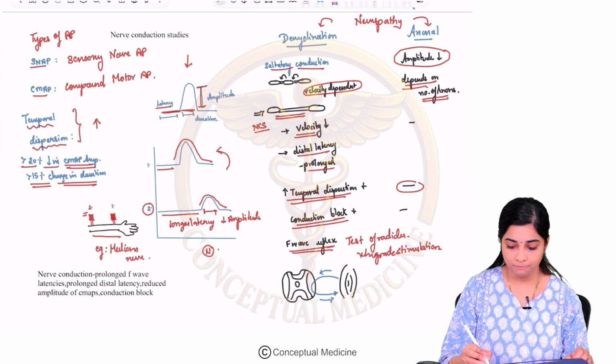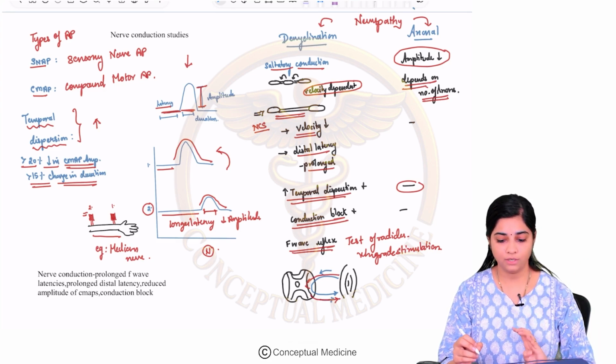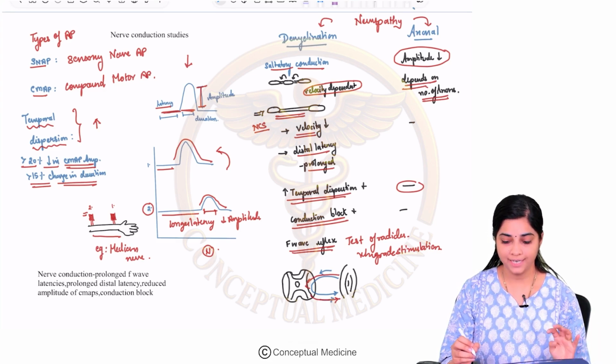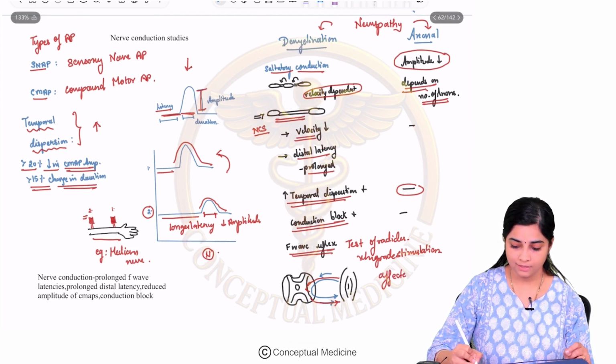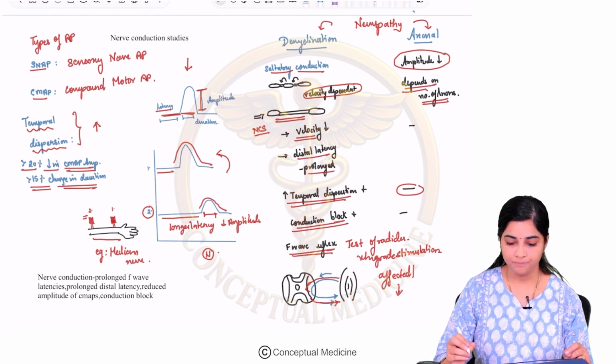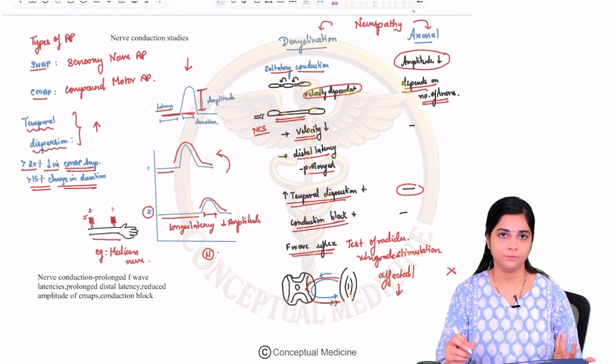So actually the impulses are carried from the muscle to the spinal cord and back to the muscle, and this entire cycle is called your F-wave reflex. The F-wave reflex is affected or decreased in your demyelination, whereas this is not affected in your axonal neuropathy.